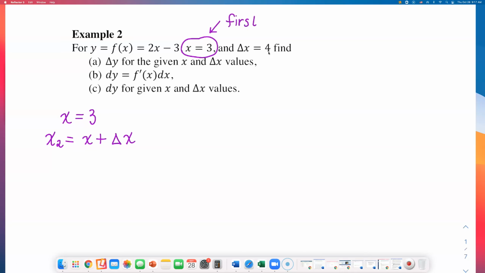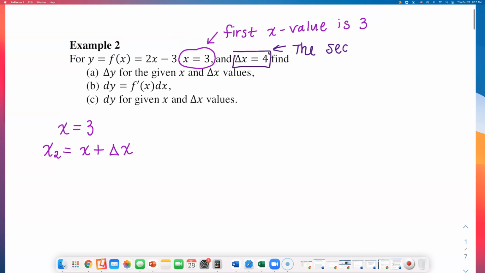The first x value is 3, okay? This delta x piece, what this is telling you is the second x value is, and they're not saying the second x value is 4, but they are saying that the second x value is 4 away from 3.